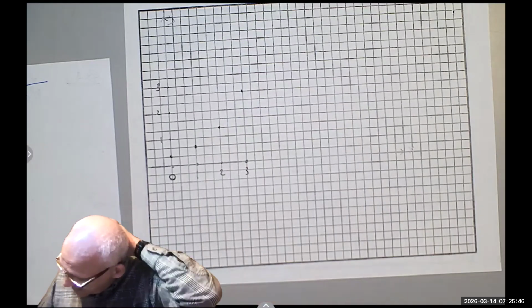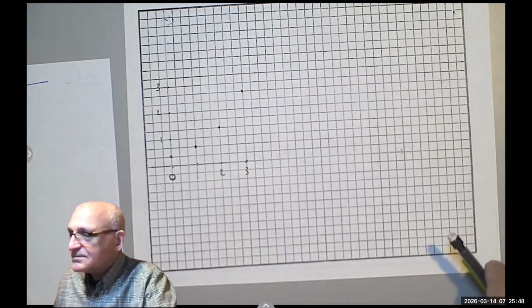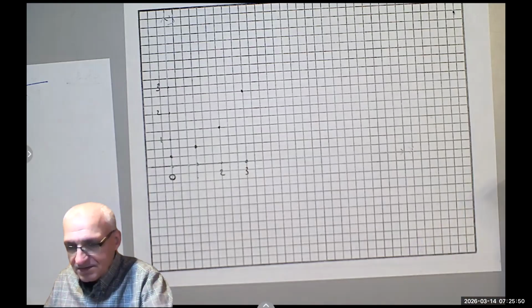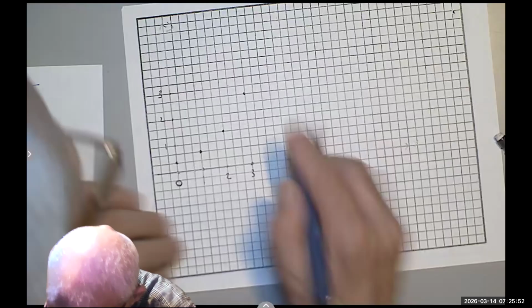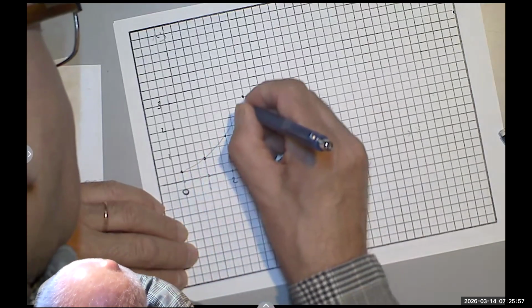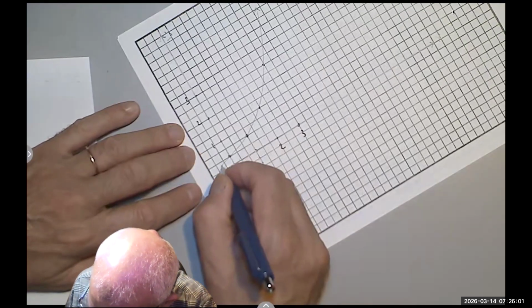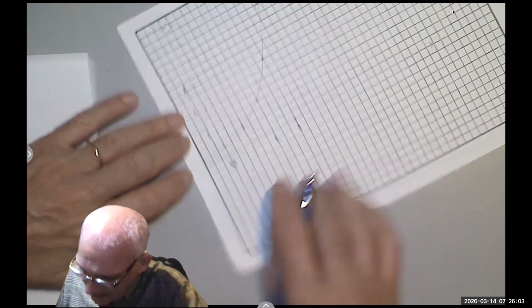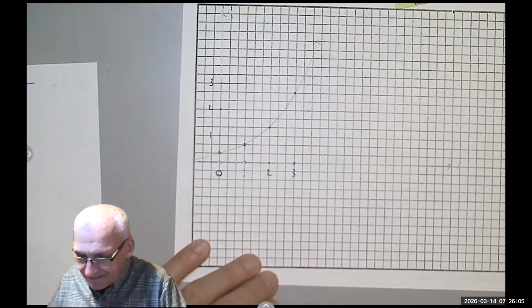And when I join these points, I get something that looks like that. And on the other side, it becomes asymptotic to the x-axis.